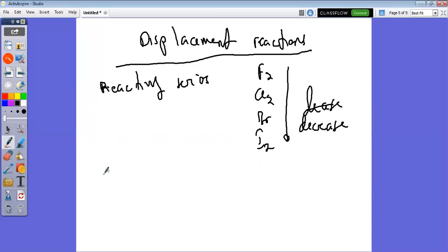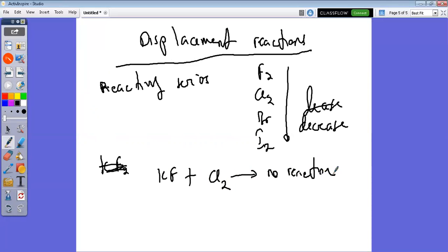Displacement reaction is like this. If I take, for example, potassium fluoride. Are we together? I want you to listen very carefully. Potassium fluoride, if I react it with chlorine, no reaction can take place whatsoever because chlorine, look at this, chlorine is less reactive than what? Than fluorine. So it cannot replace or displace a fluoride ion.